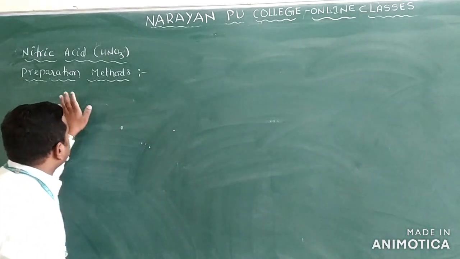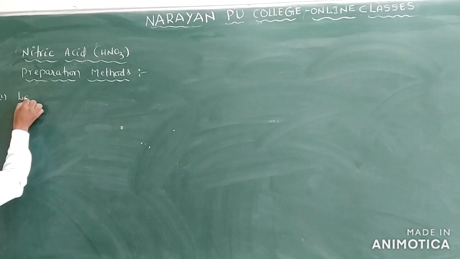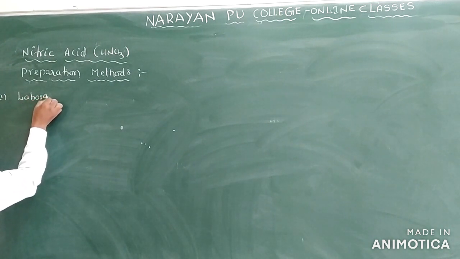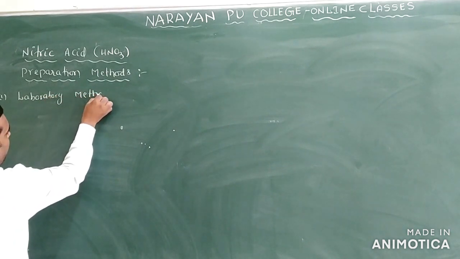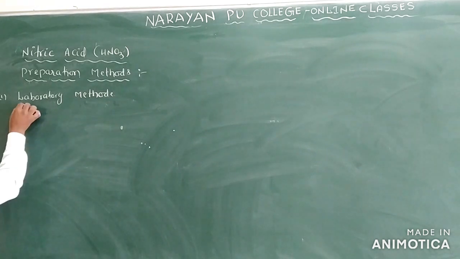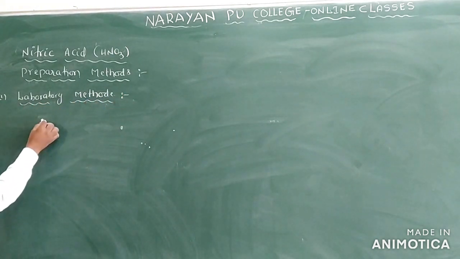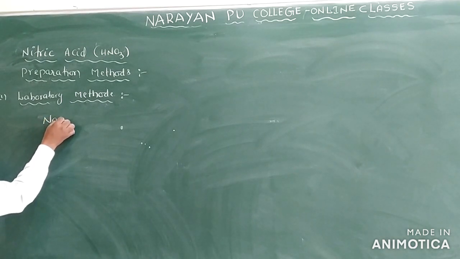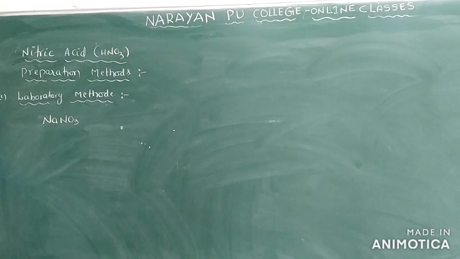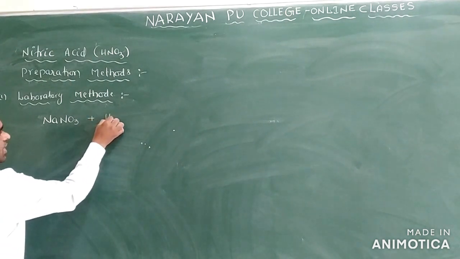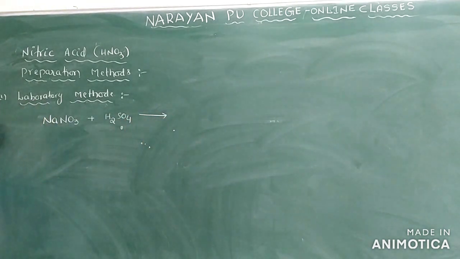So the first one is preparation method, and the first preparation method is the laboratory preparation method. How will we prepare nitric acid in the laboratory? So simple. Take the sodium salts of nitrates, take sodium nitrate or potassium nitrate, and treat it with the acid H2SO4, sulfuric acid.